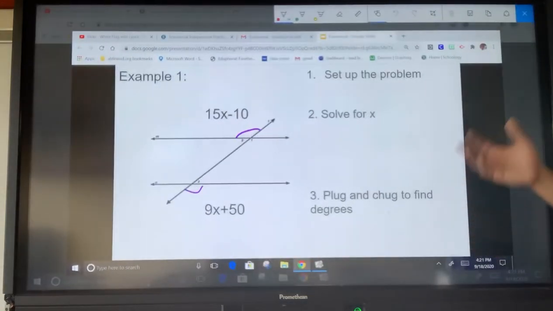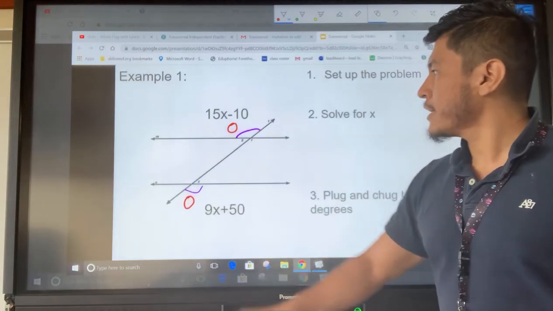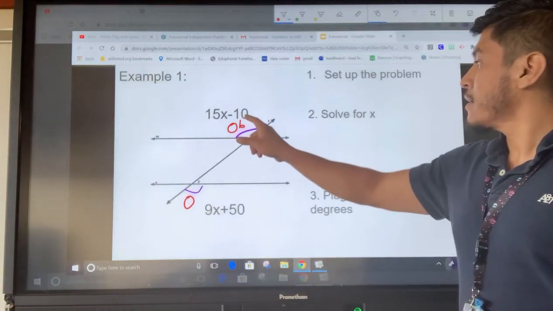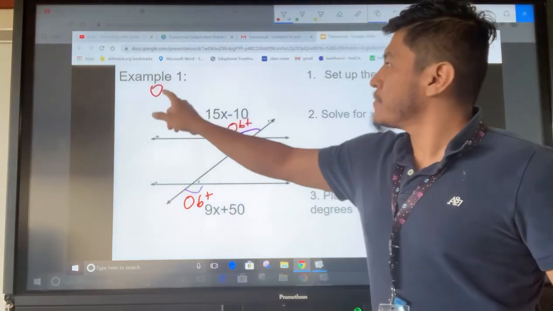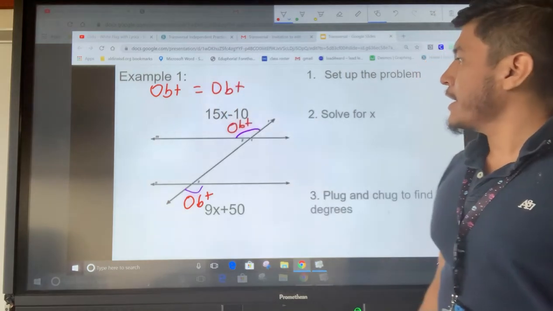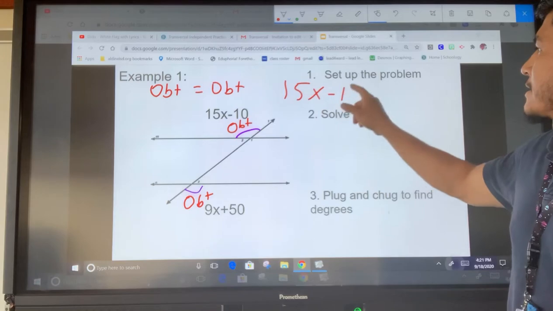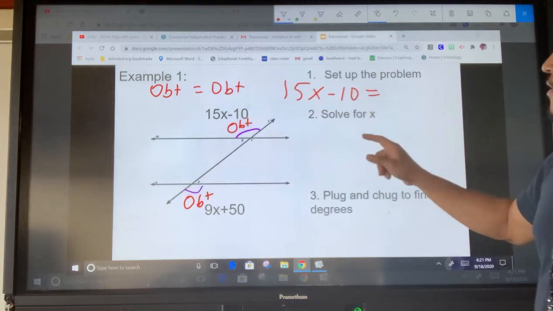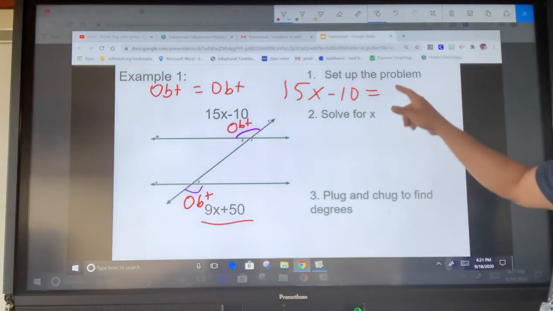If you go back to the previous slide, we know that these are obtuse angles. Do you remember how to set it up? Obtuse equals obtuse. So now we have 15x minus 10 should equal the other obtuse angle.